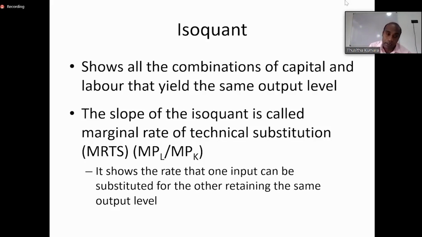As I told you, it simply shows the rate at which one input can be substituted for the other, retaining the same output level. So we keep the same output level and replace capital with labor or labor with capital. Different combinations will be there, and the isoquant will show us the same output level with different combinations of capital and labor.